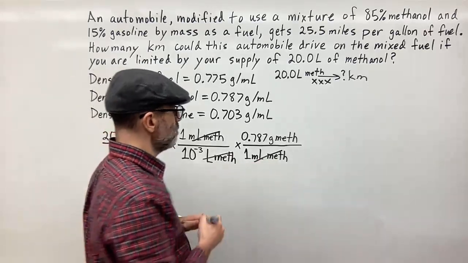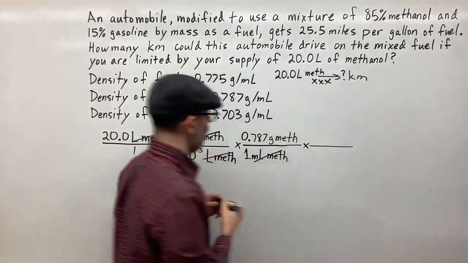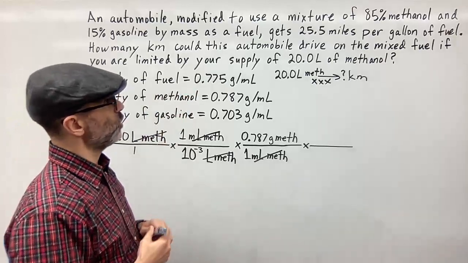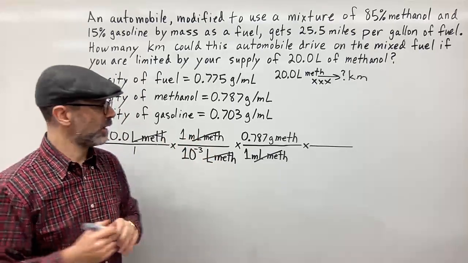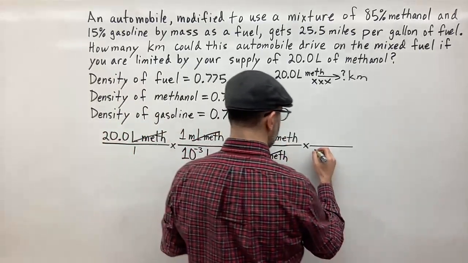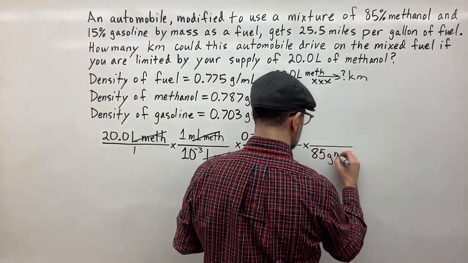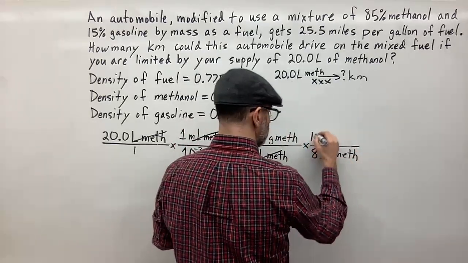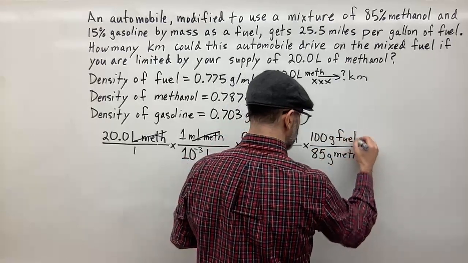Okay, so now I'm going to set up using the 85% methanol. So that's 85 grams per 100 grams of fuel. So since I have grams of methanol on top, I'm going to put the 85 grams of methanol on the bottom and 100 grams of fuel on top.